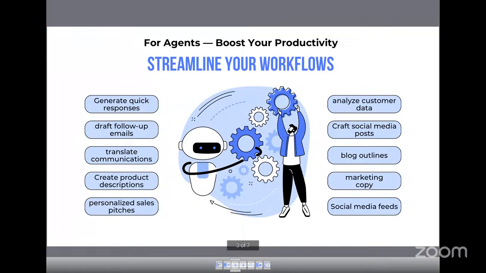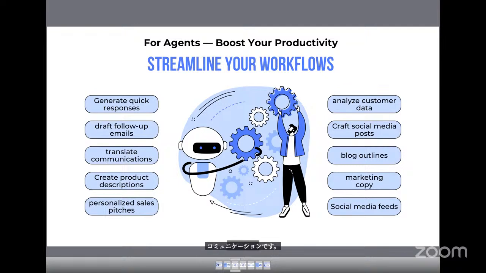How can Gemini Advanced 1.0 Flash help agents? For agents, these tools enhance customer support, sales, and content creation. For customer support, quickly generate responses, draft follow-up emails, and translate communications.